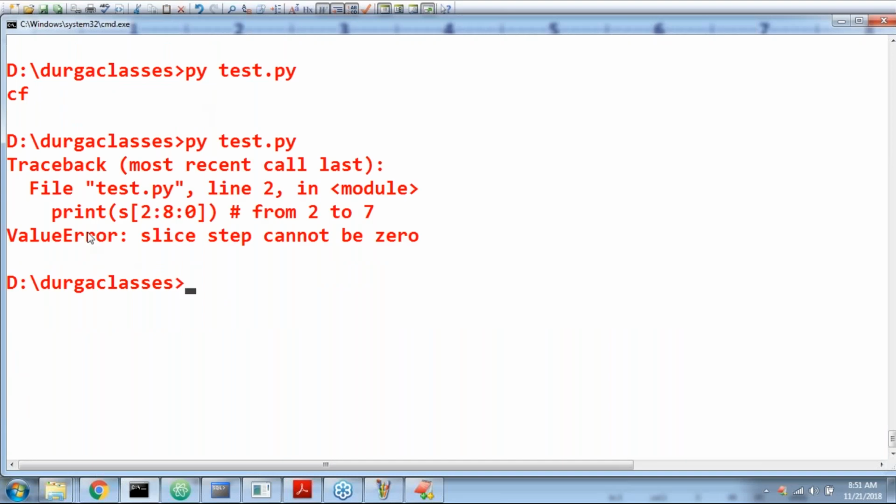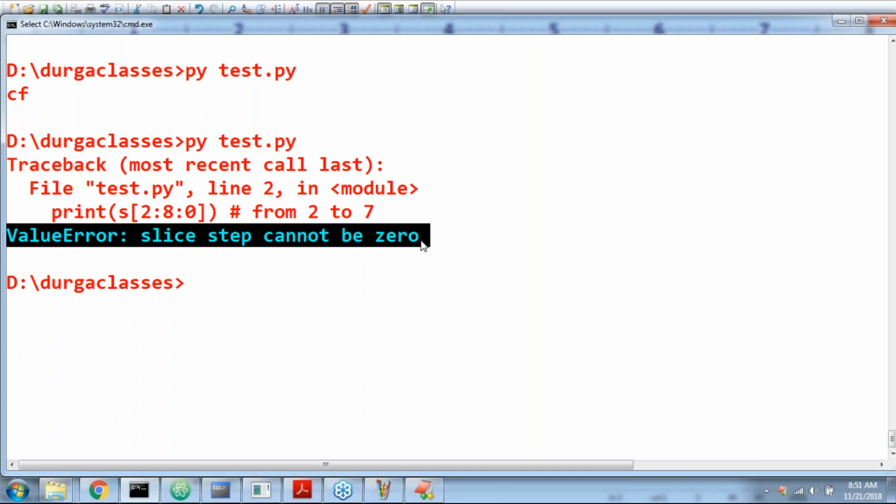Immediately, by default we get value error. Sir, it is not index error. Value error: slice step cannot be 0. Any doubt?